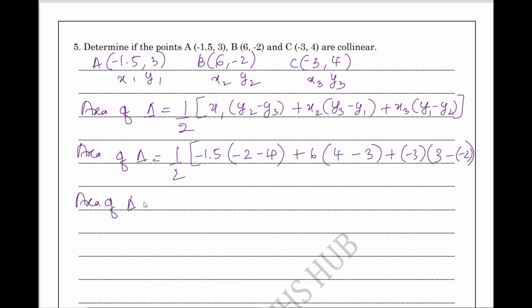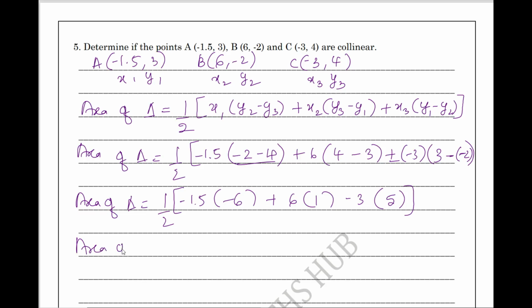Area of triangle equals half into minus 1.5, minus 2 minus 4 is minus 6, plus 6 into 4 minus 3 is 1, plus minus 3 into 3 plus 2, it becomes 5.